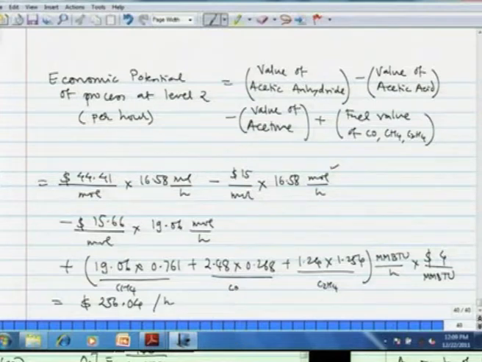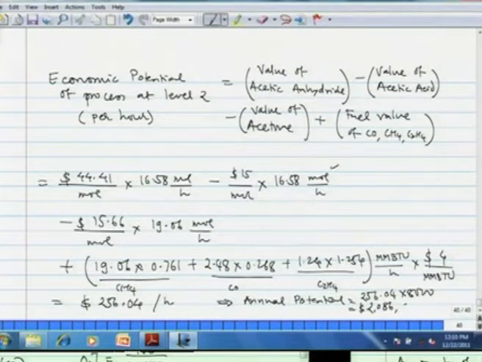Now, this is per hour. The annual potential will be this into 8,000 hours per year, which will be something like $2 million annually.